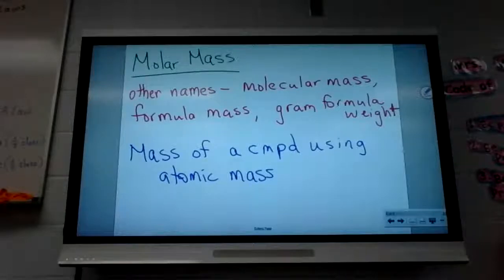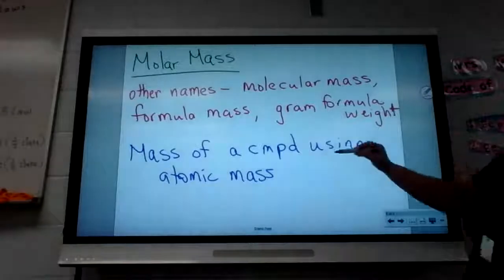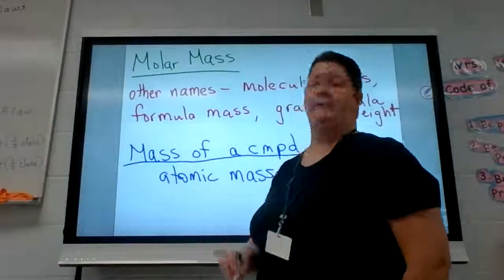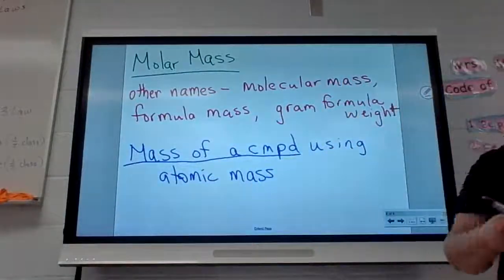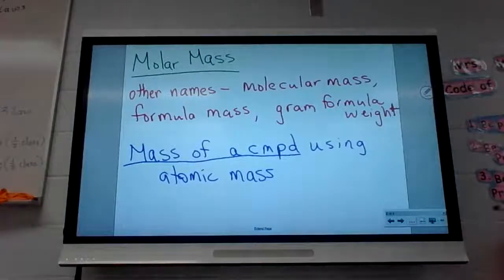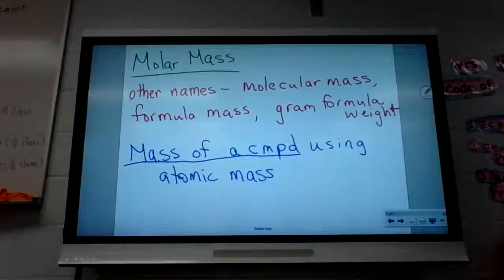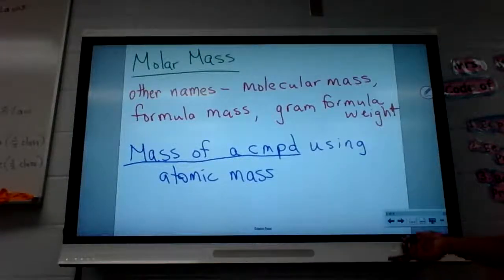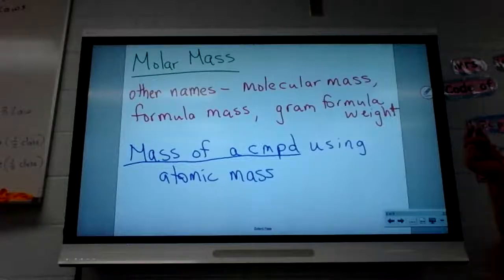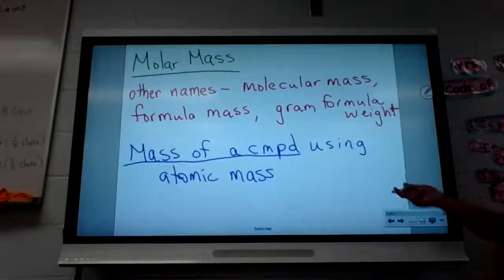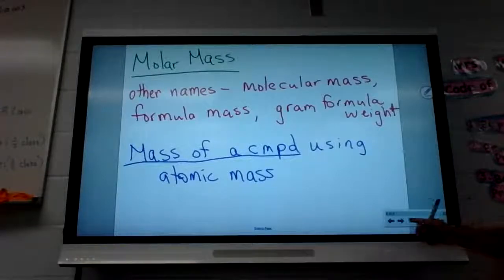So a molar mass is the mass of a compound. That's what we're going to do first. We're going to learn how to find the mass of a compound, and then we're going to learn how to find the moles of a compound. It's not hard. You already have the basic skills. We're just going to build a little bit on what you know. Does everybody have what they need off this board?